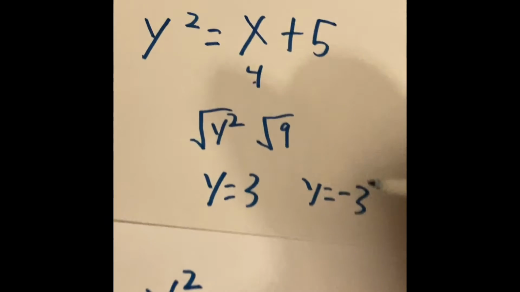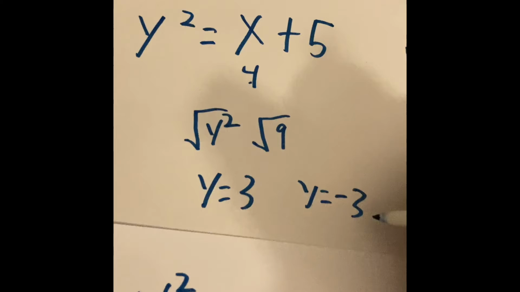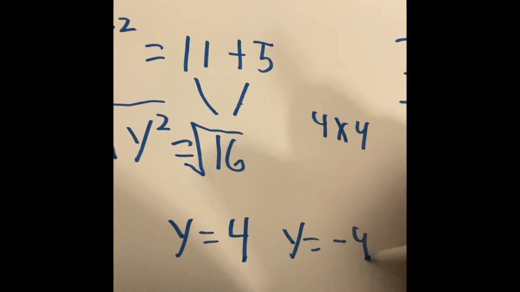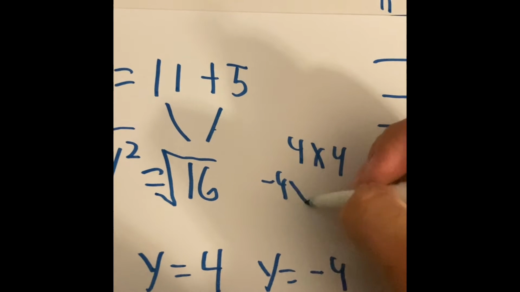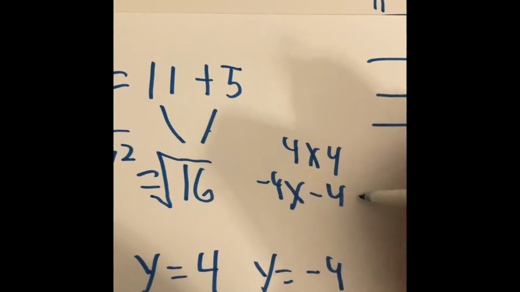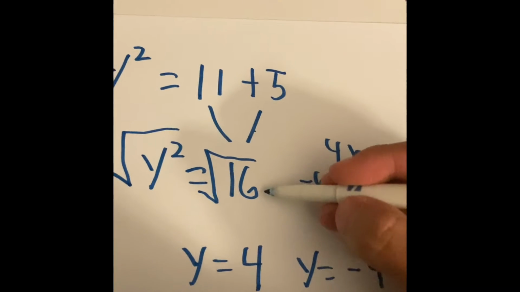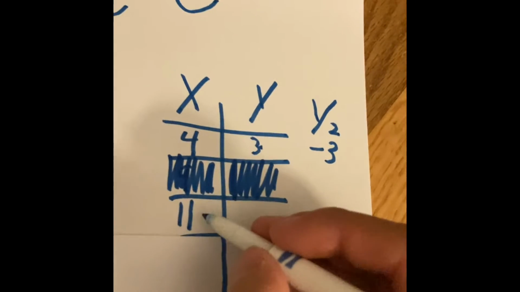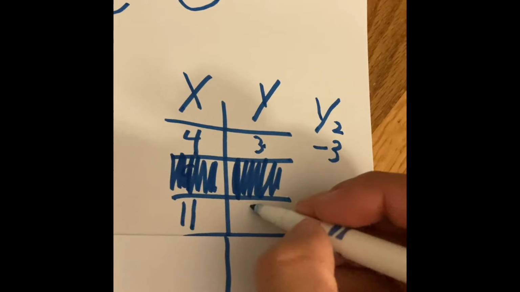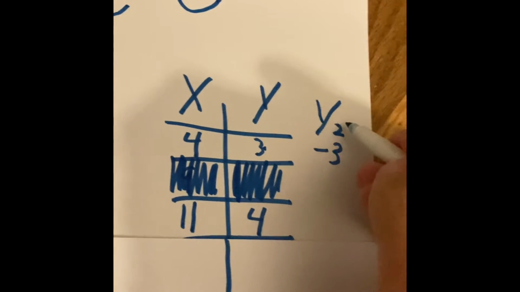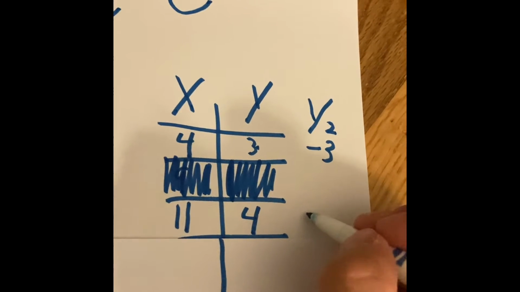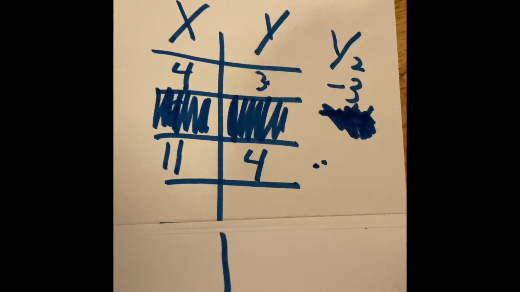But just like in our previous example, we're also going to say y is going to become negative 4. A negative 4 multiplied by a negative 4 is going to be a positive 16. So when we insert 11 into x, y is going to equal 4, but our second output, or range, is going to equal negative 4.